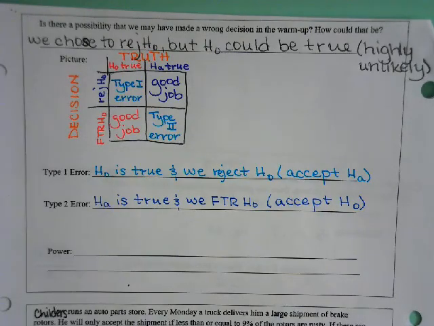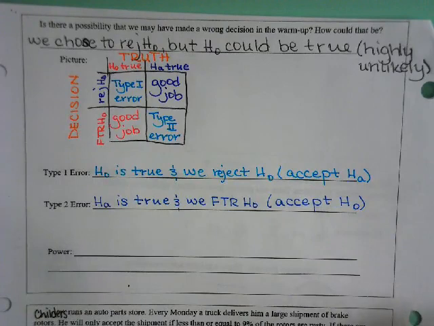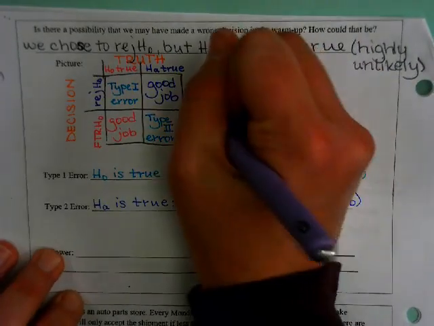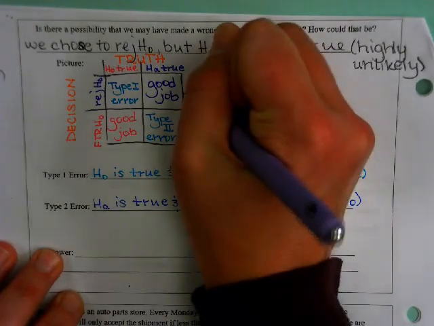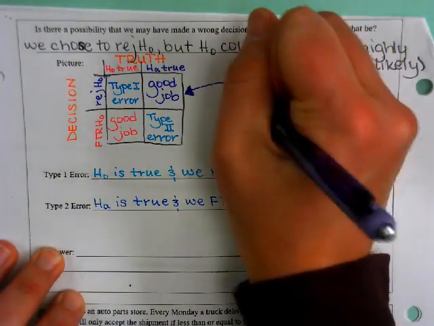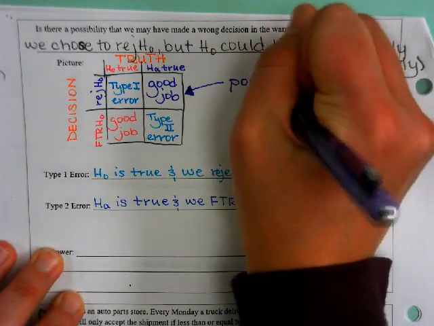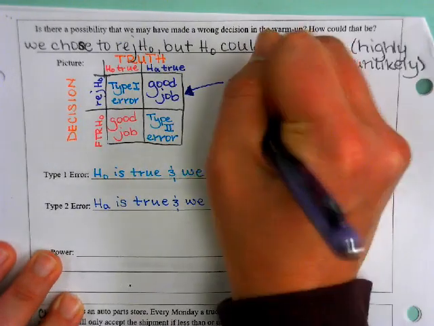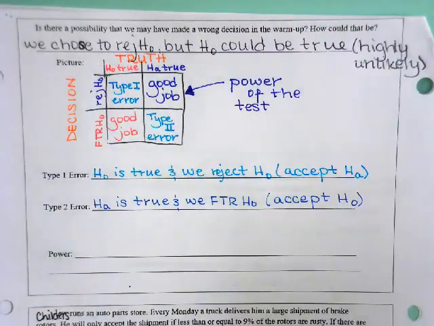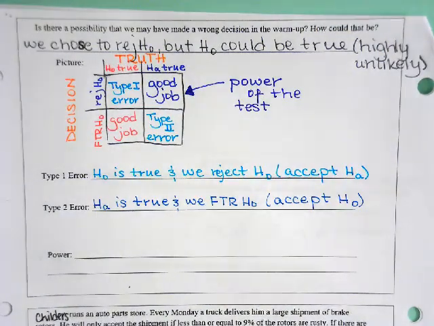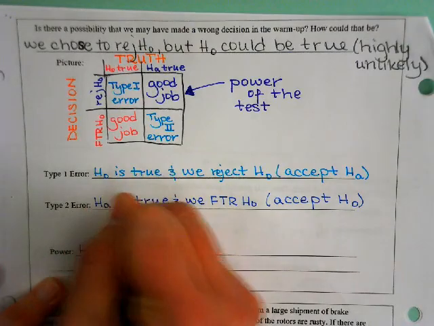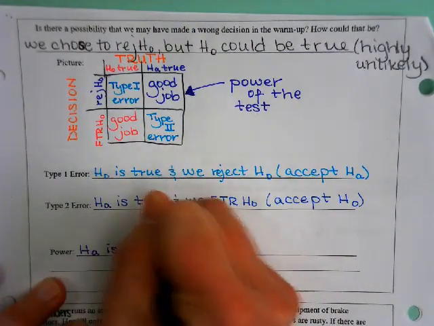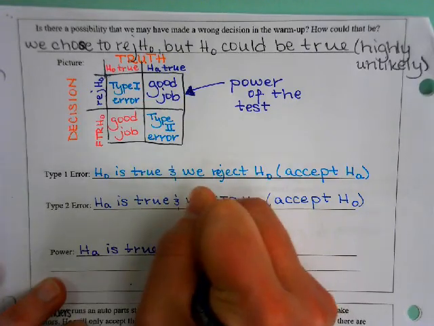All right, and then the power of the test. That top right box is the power of the test. So the power of our test is when the alternative is true, and we correctly reject the null.